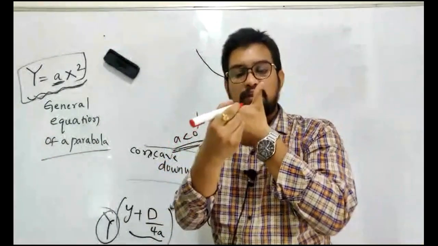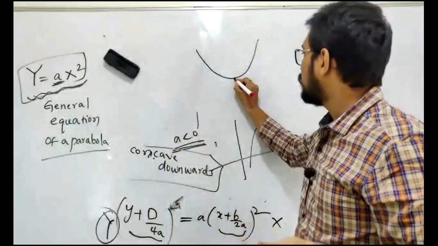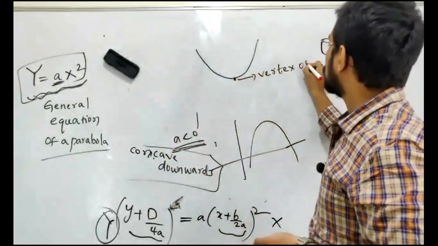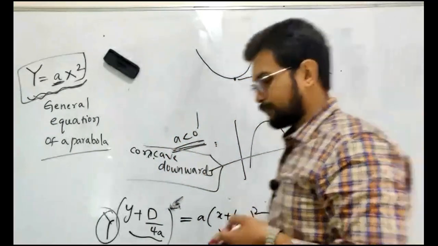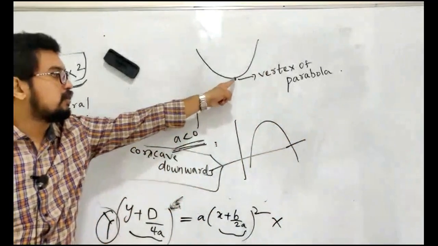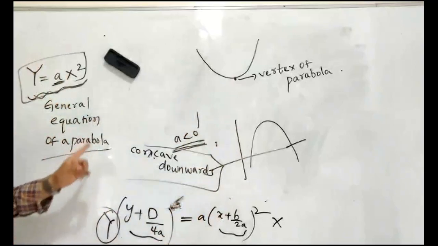This tip, whatever you are getting, this point, is called the vertex of the parabola. How do you get the vertex of the parabola?